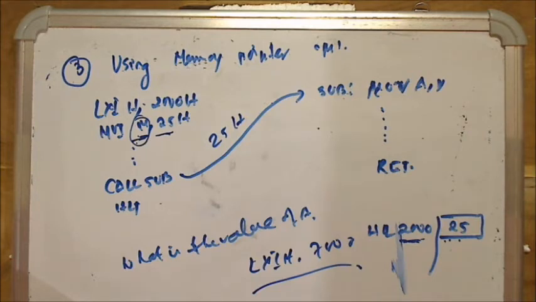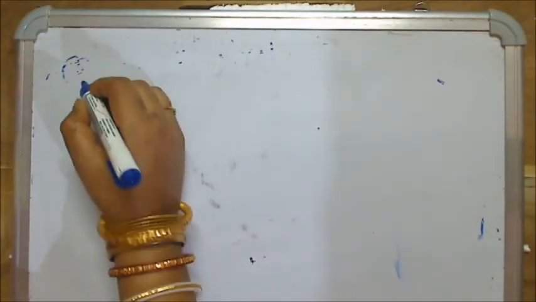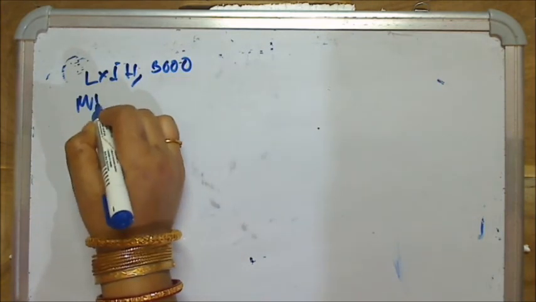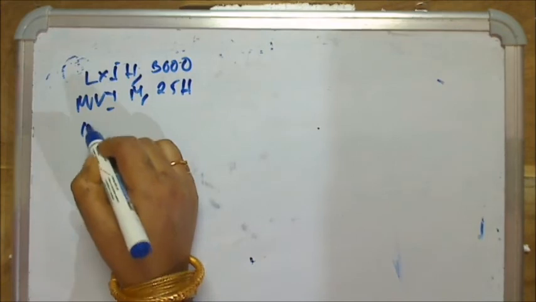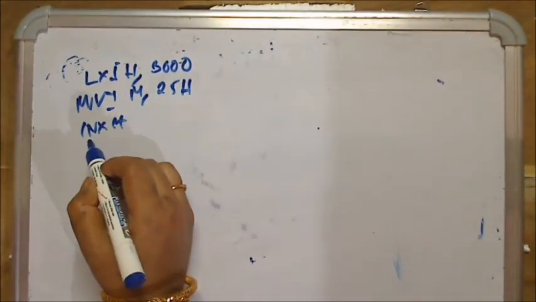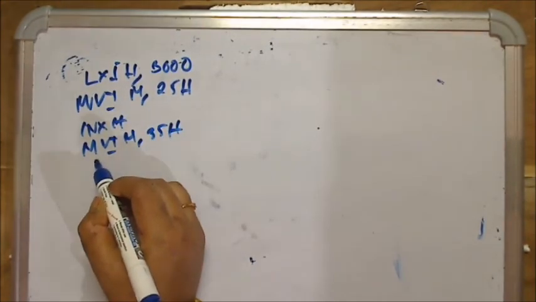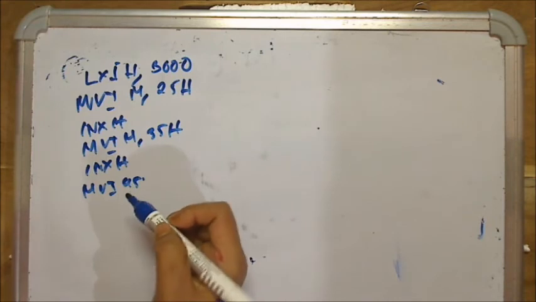You can pass parameters like this: LXI H, 3000H, MVI M, 25H, then INX H, then MVI M, 35H, then INX H, and then MVI M, 45H.